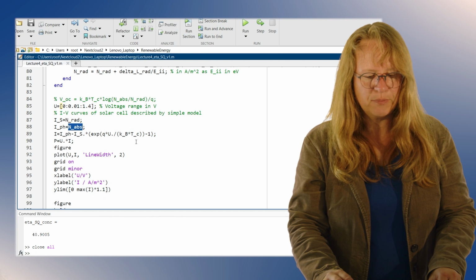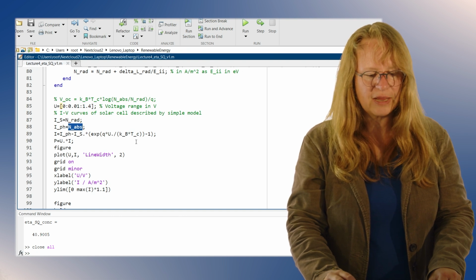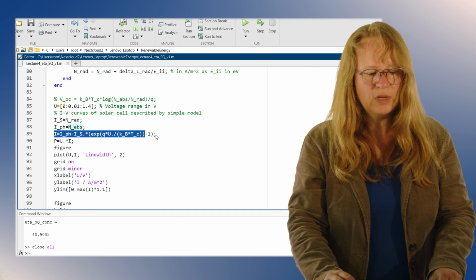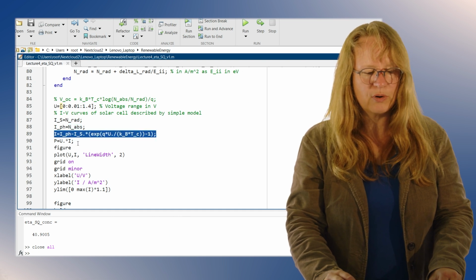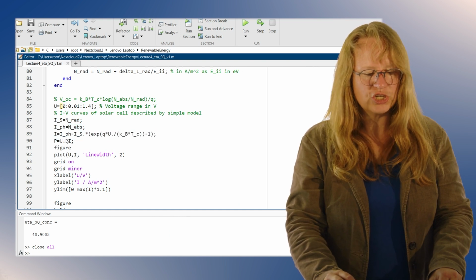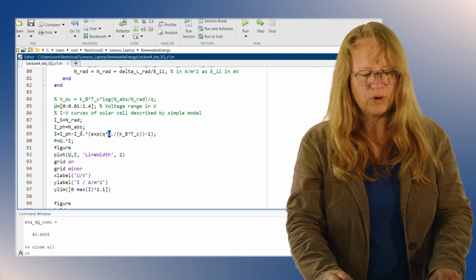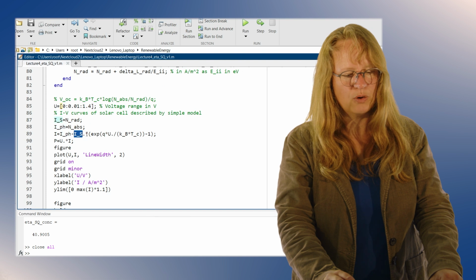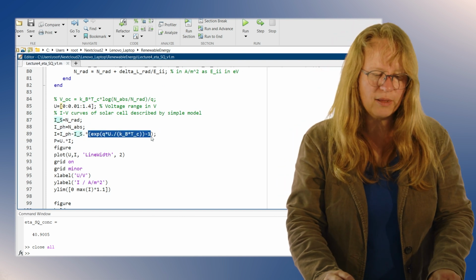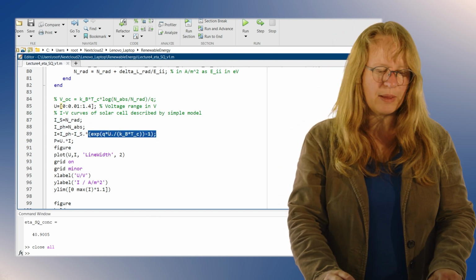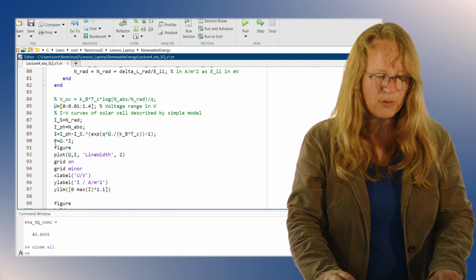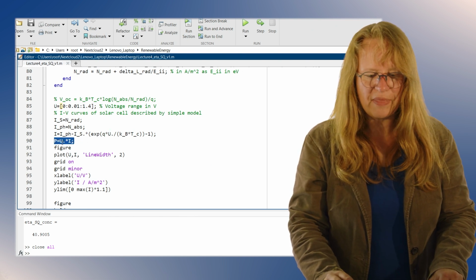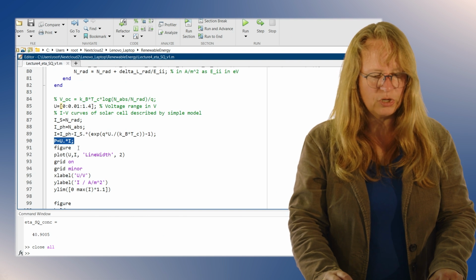And then we have the simple model again for the IV characteristics, that the current I at a given voltage U is calculated by photocurrent minus saturation current times this exponential term here, which has the voltage in it. And I can also calculate then the power for each of the voltages by multiplying the voltage with the current, and then I'm plotting the whole thing. So let's just run the script and see what the plots look like.